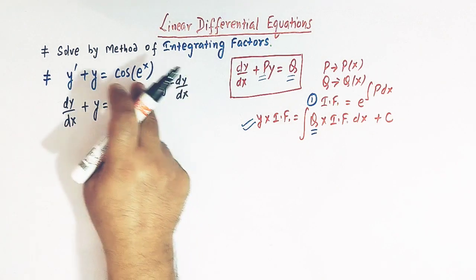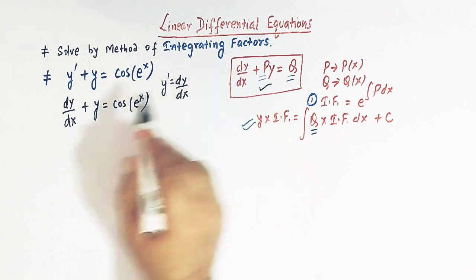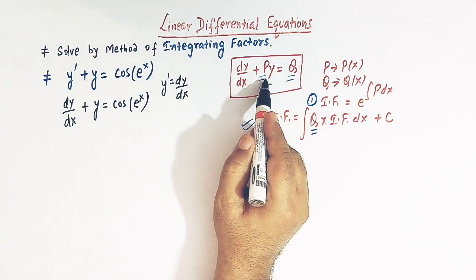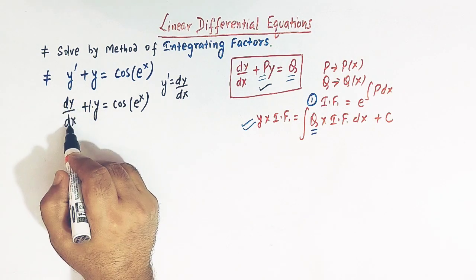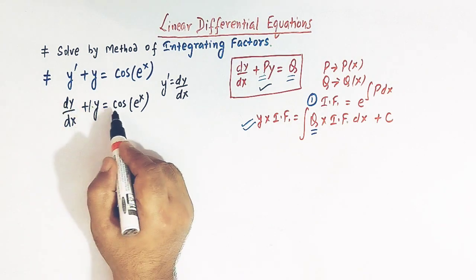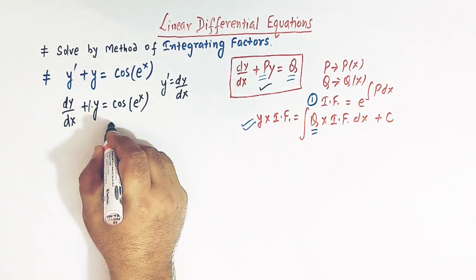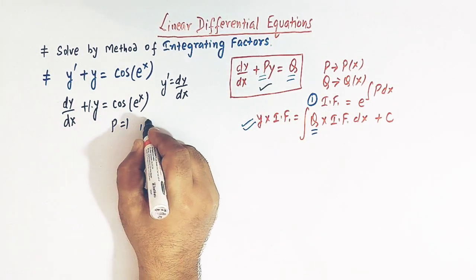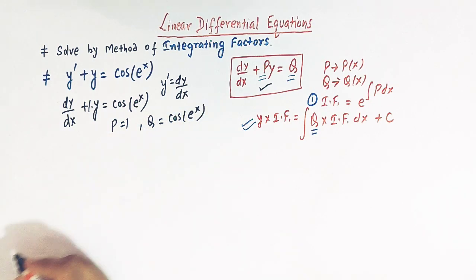Now this equation is again of this form. If we compare this equation with this one, we can take 1, that is dy/dx + 1y = cos e^x. So the value of P is 1 and Q is cos e^x.